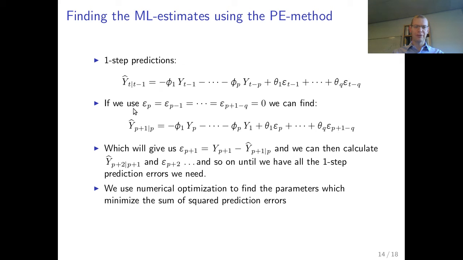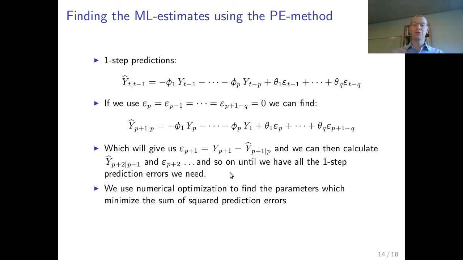When we compare this with y p plus 1, as we do down here, then we can use that to calculate y hat p plus 2 given p plus 1, and thereby get epsilon p plus 2, and keep doing that until the end of the data set that we have.